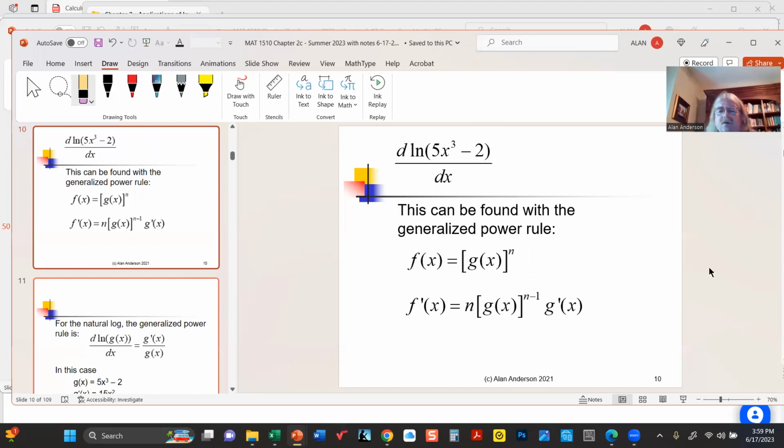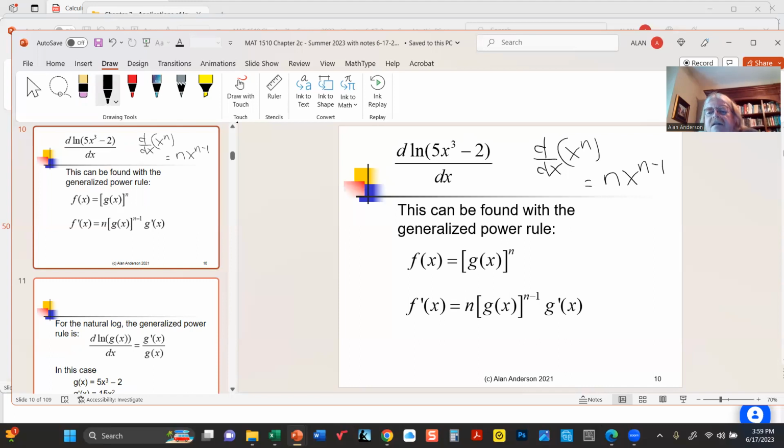So here's our power rule for derivatives. You might recall this. If you have x to the n, you end up with nx to the n minus 1 power.